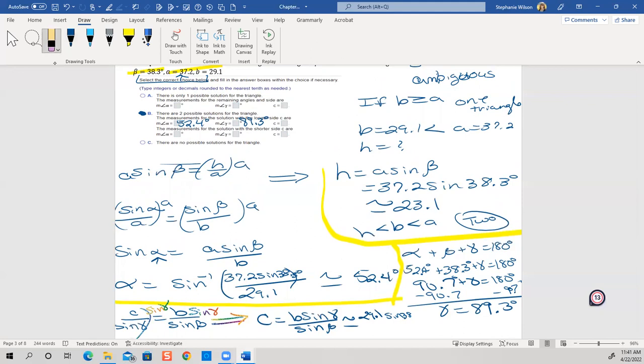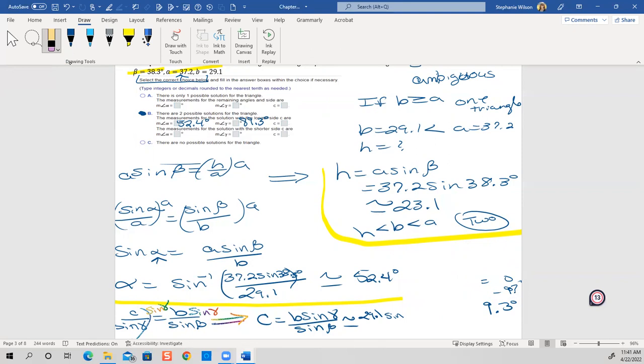Gamma is not 38. Let me separate my paper a little bit. Let me just erase. This is becoming a mess. So I apologize. Hopefully you got it all written down. Let's just erase this and give myself more room. That way it looks neater and less confusion to y'all, okay?